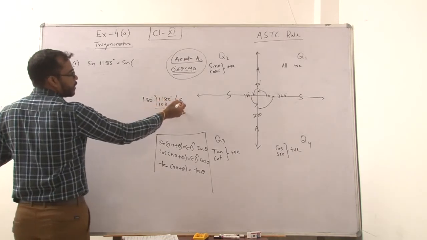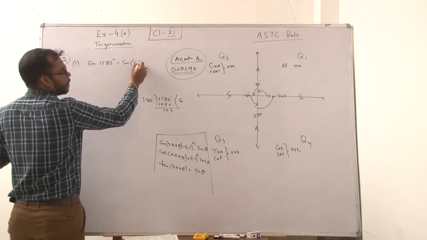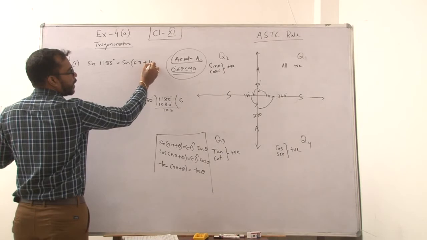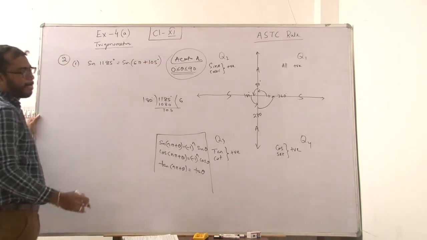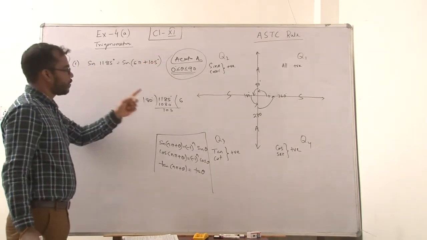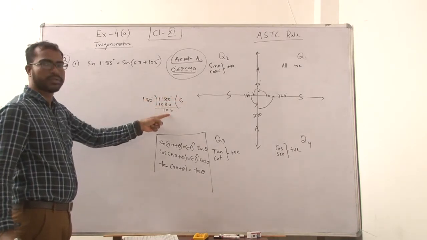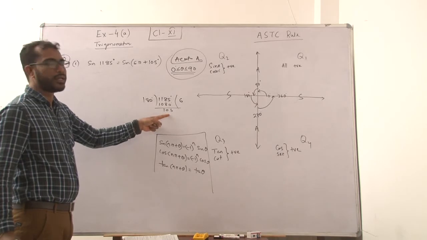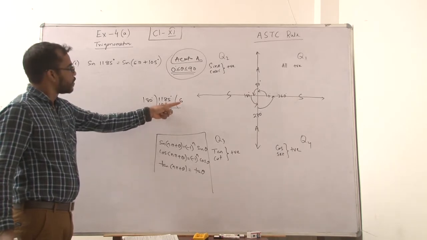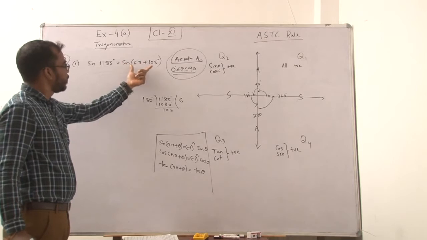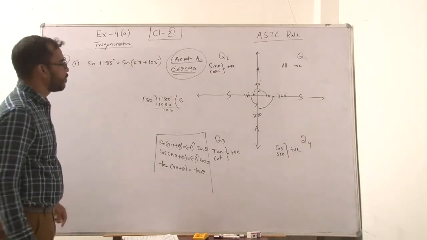So you can write 6π plus 105 degree. You can write 1185 degree in terms of 6π plus 105 according to the Euclidean algorithm. So 6π plus 105 degree is equal to 1185 degree.